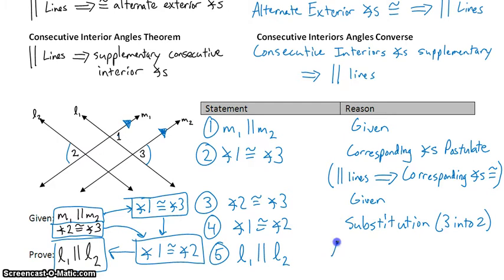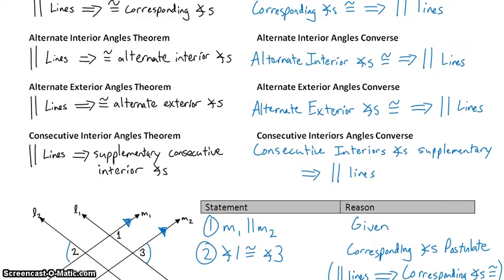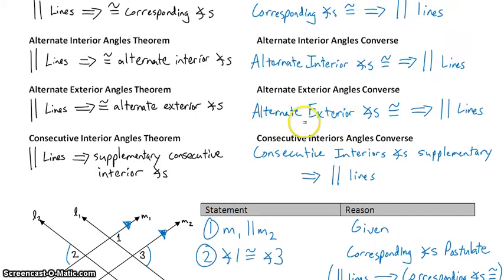Why? That's going to be the alternate exterior angles converse. The converse is the one that allows me to start with my alternate exterior angles being congruent and conclude that my lines are parallel.